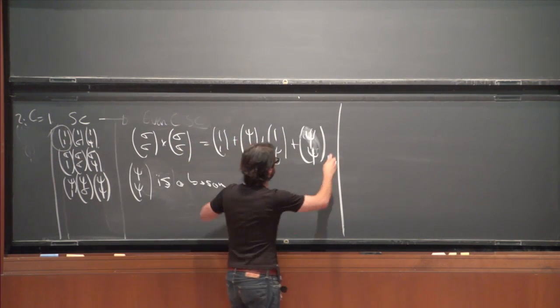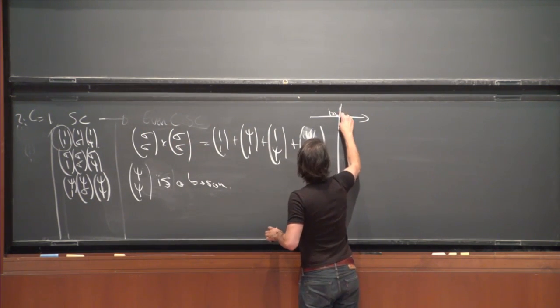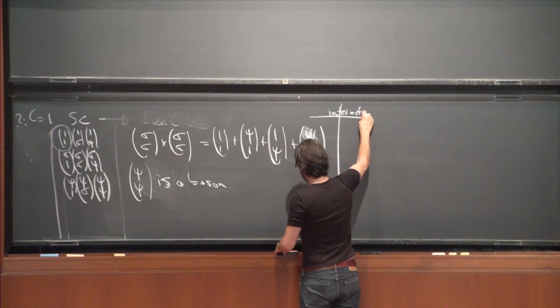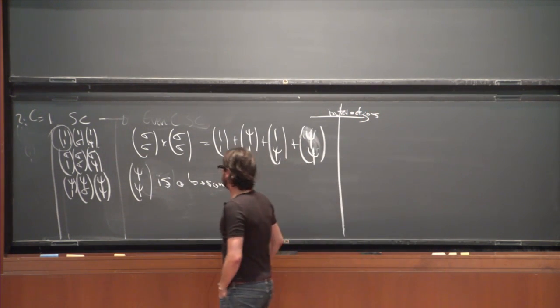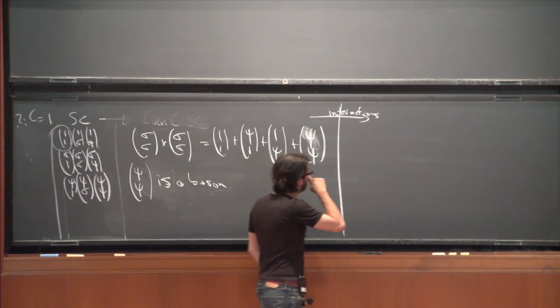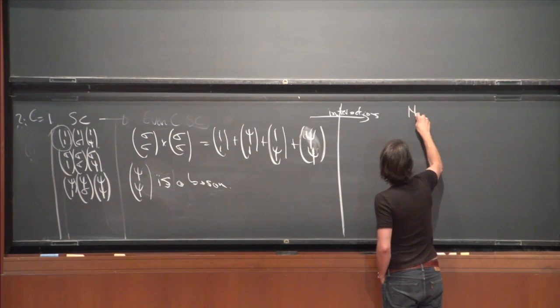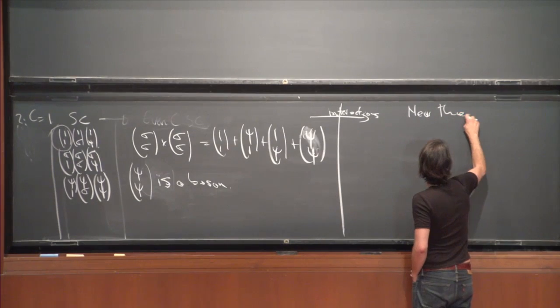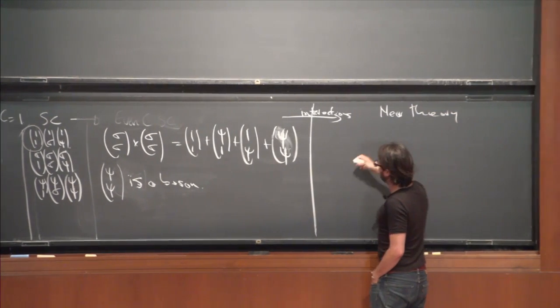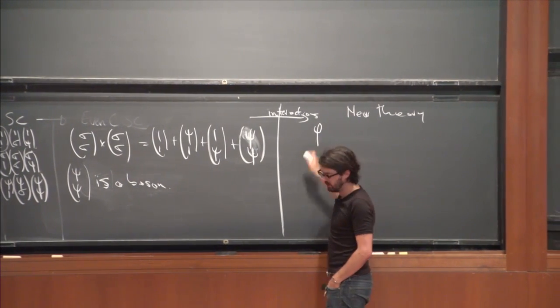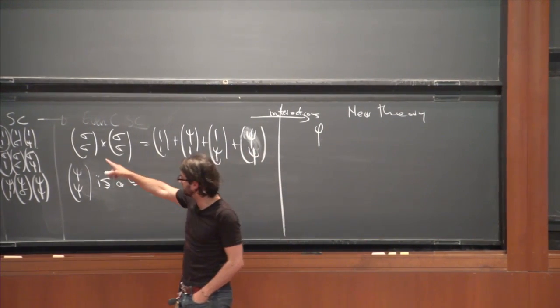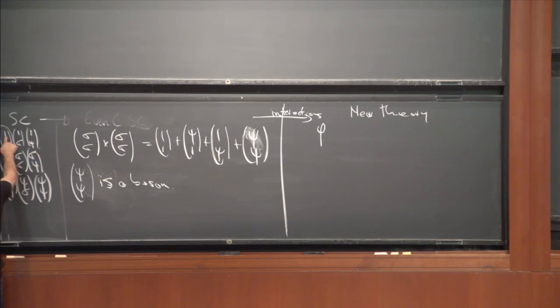And now I add interactions and make this boson condensed. So the new theory is going to have a set of particles which is the vacuum. Let's call the new vacuum phi, just to differentiate it from this one.